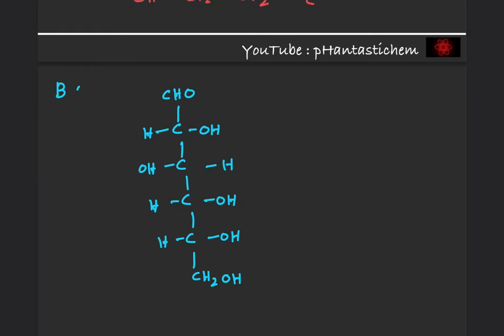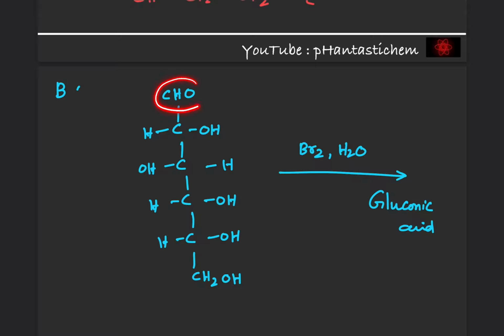So this is the open chain structure of glucose, and glucose on oxidation with a mild oxidizing agent like bromine water. Okay, so you can see in B the reagent that we are having is Br2 water, that is, bromine water. It's a mild oxidizing agent, so it will give us gluconic acid. Gluconic acid is nothing but this CHO replaced by a COOH group and everything else remains the same.